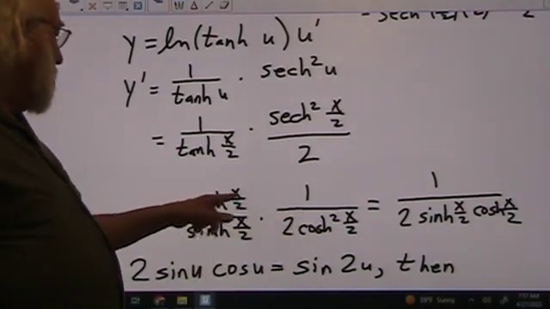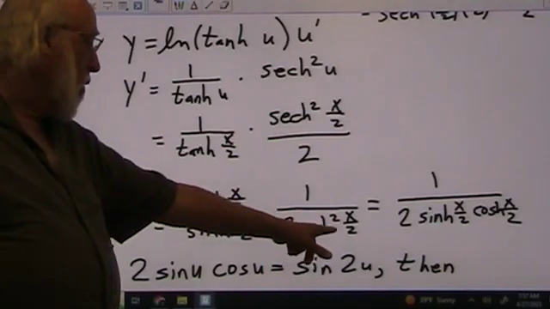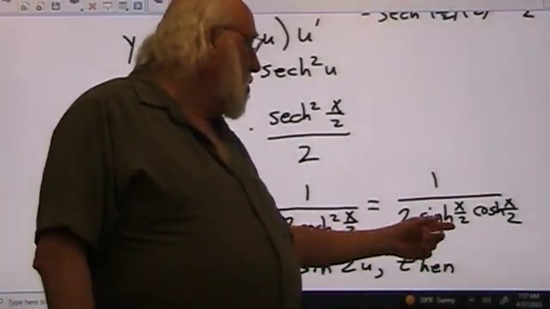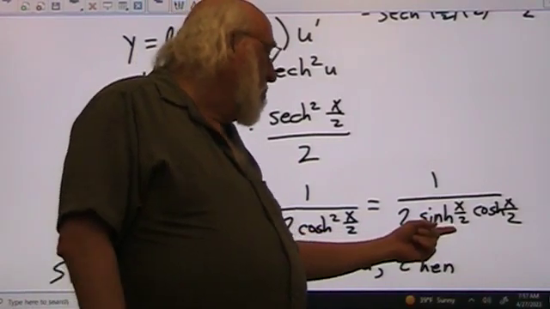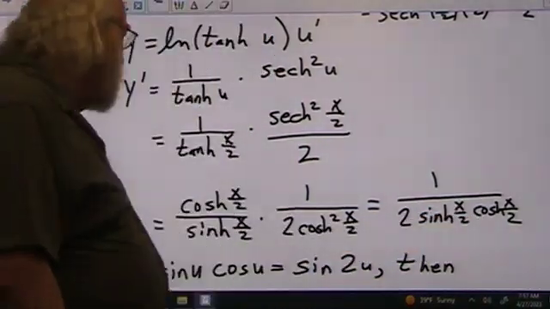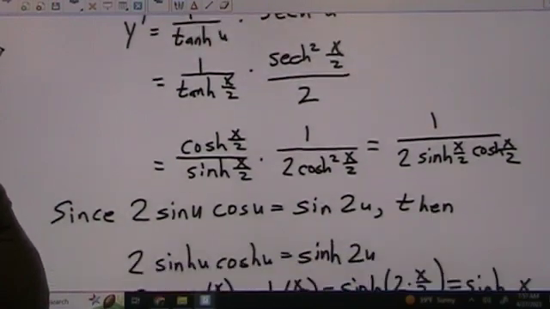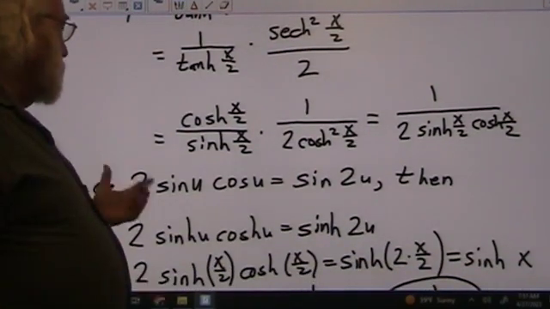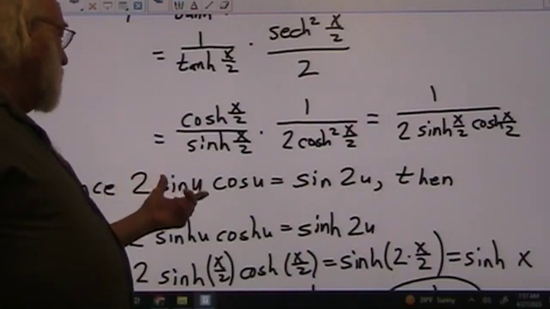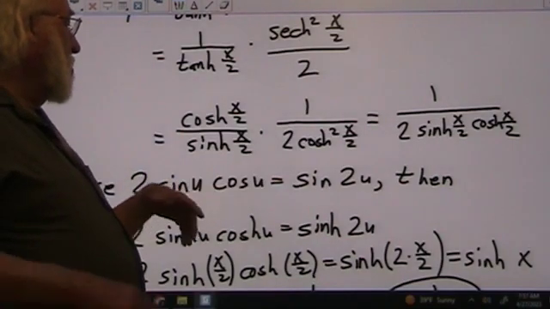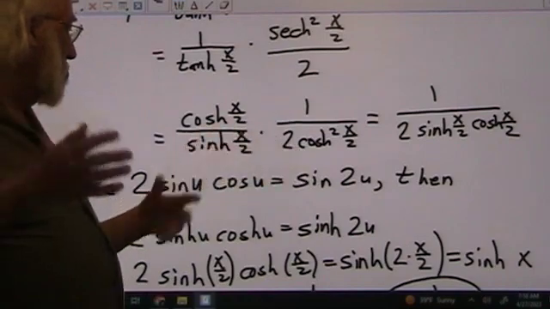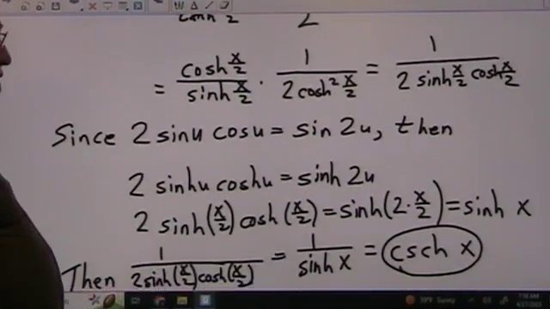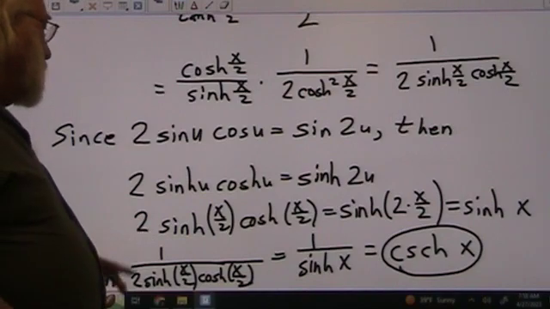These cancel out to leave you 1 cosh in the denominator, so that's 1 over 2 hyperbolic sine of x over 2 times hyperbolic cosine of x over 2. And since, according to the identity, 2 times the sine of u cosine u is the sine of a double angle 2u, the same works for our hyperbolic equivalency here.